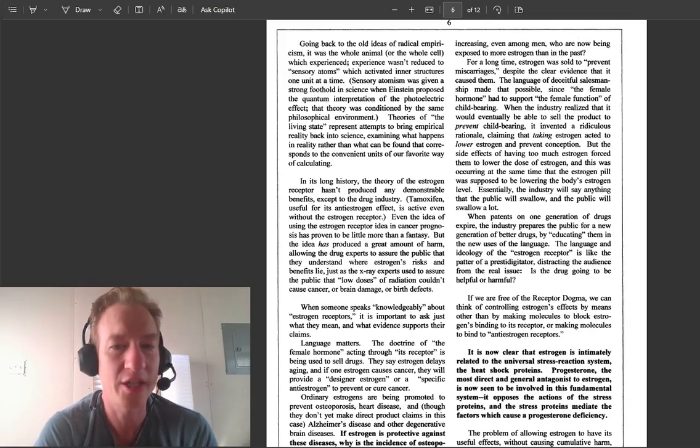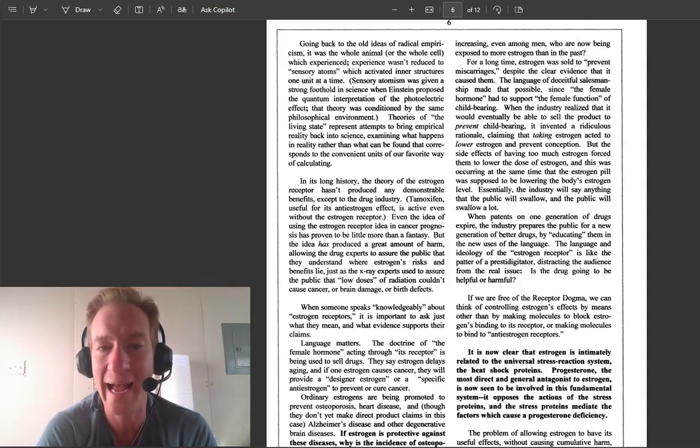In its long history, the theory of the estrogen receptor hasn't produced any demonstrable benefits, except to the drug industry. Tamoxifen, useful for its anti-estrogen effect, is active even without the estrogen receptor. Even the idea of using the estrogen receptor idea in cancer prognosis has proven to be little more than a fantasy.